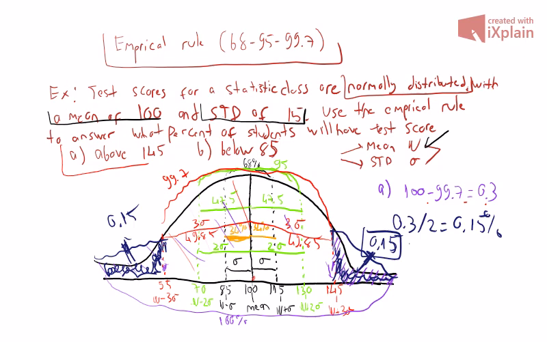Let's do something about part B. Okay, part B, below 85. Wait a second.